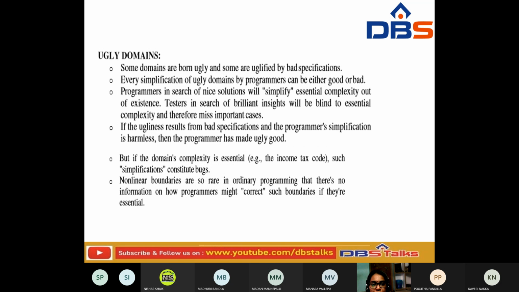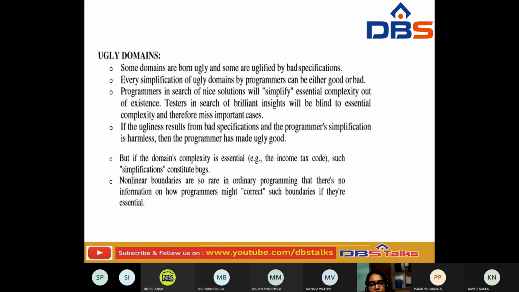Next is the ugly domain. Some domains are born ugly and some are uglified by bad specifications. Every specification of the ugly domain by the programmer is either good or bad. The programmers, in search of nice solutions, will simplify the essential complexity out of existence.